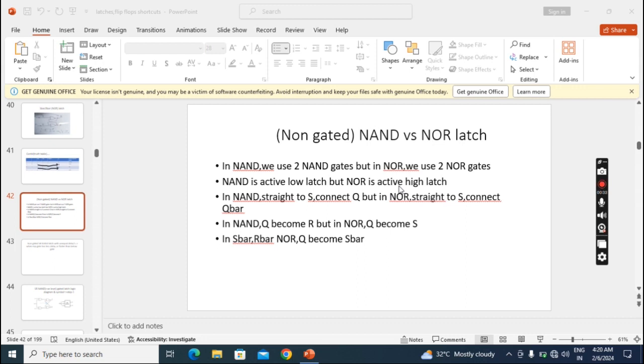When we draw the logic diagram in a NAND latch, straight to the S we have to connect Q, but in NOR straight to the S we have to connect Q bar. If we observe the output, in NAND Q is the same as input R, but in NOR Q will be the same as input S. But in the S bar R bar latch, Q becomes the same as S bar.